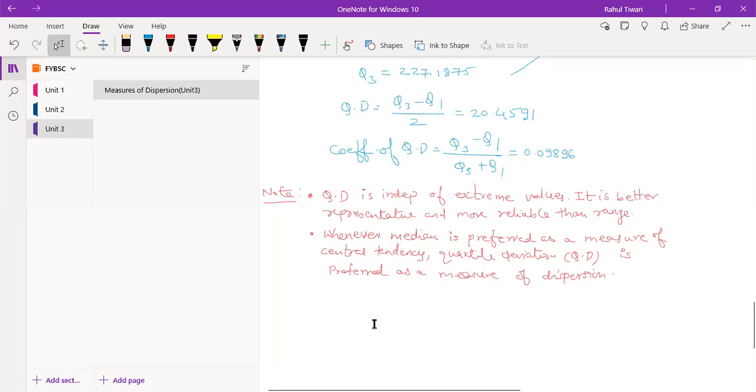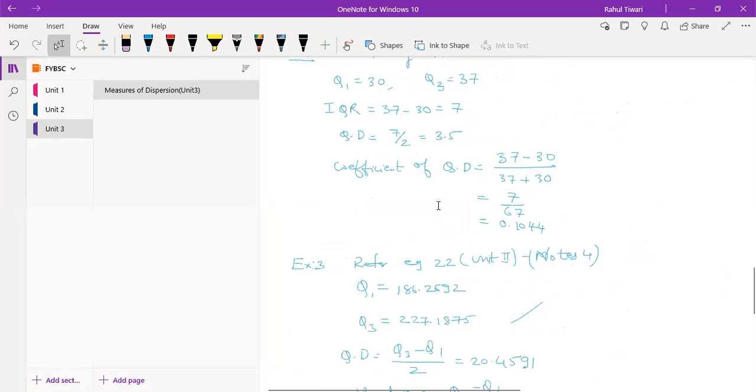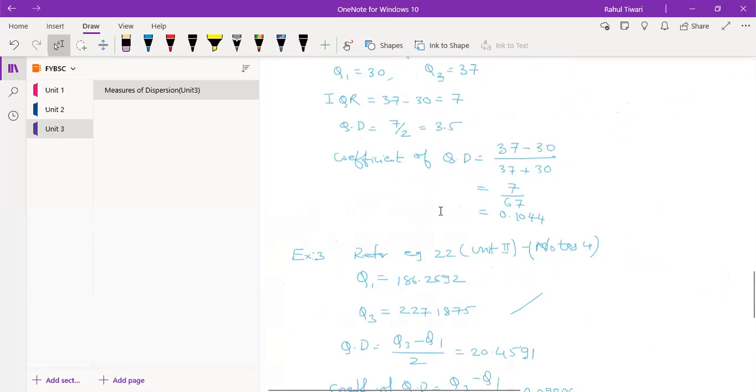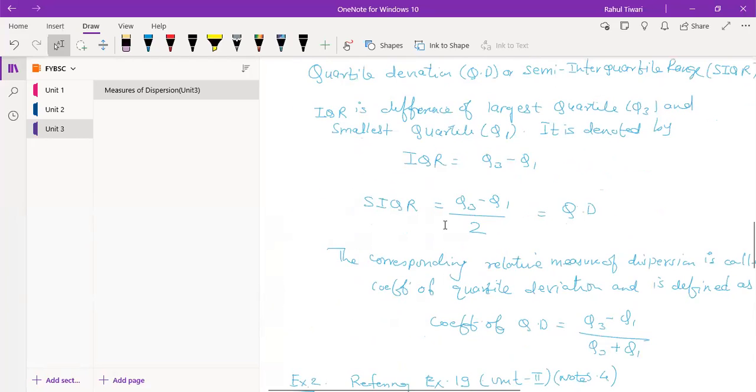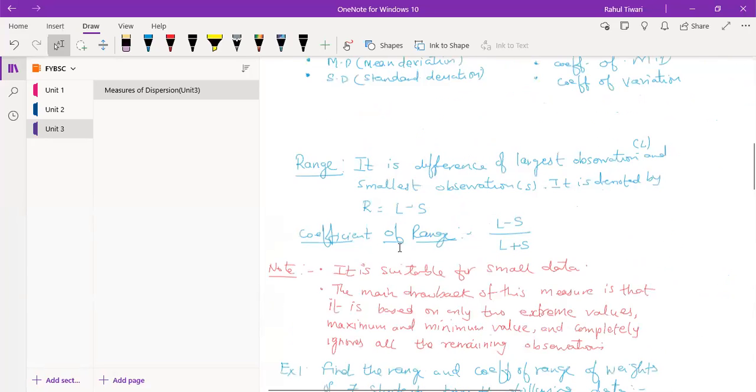Then let's move to the next part. Example number 3 is done. Let's go to the next method.